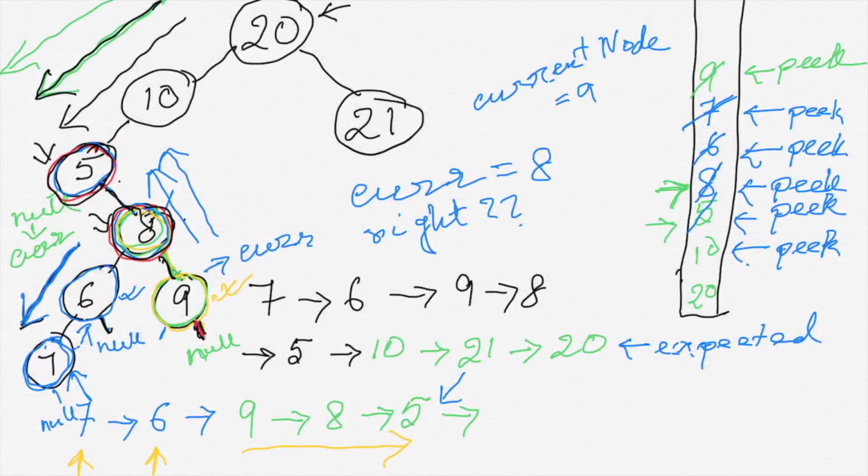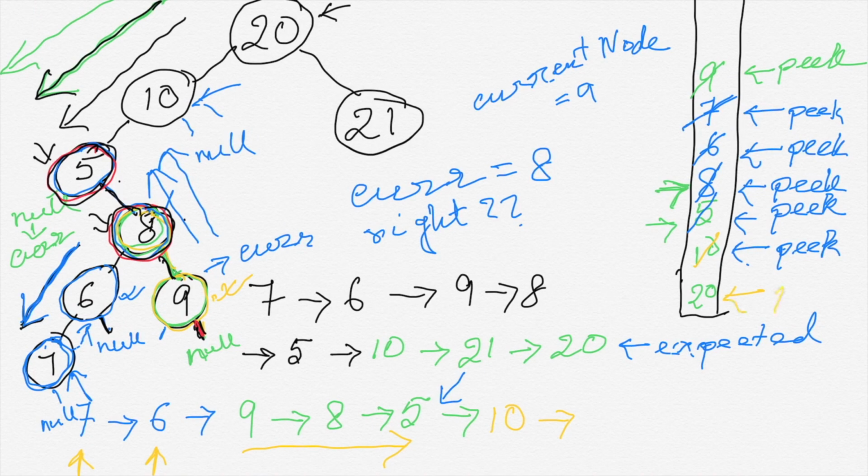We check if it has a right node. We see it does not, so the right node is null. So we do the same thing. We print 10 and we check if it has a parent to which it is a right node, and we see there is none because 10 is the left child of 20. So we remove 10 and print it.